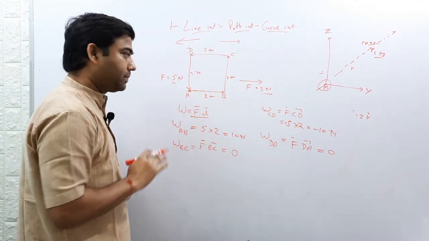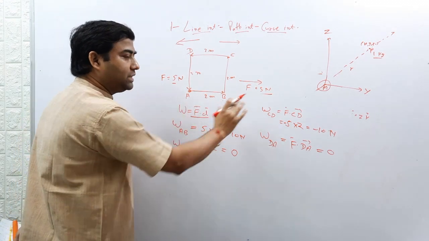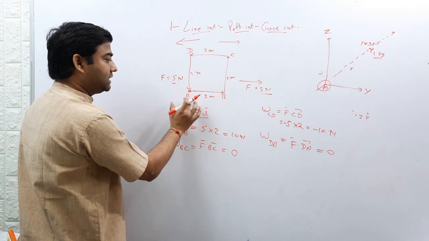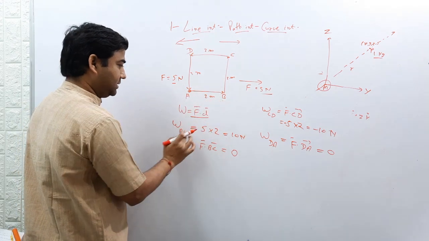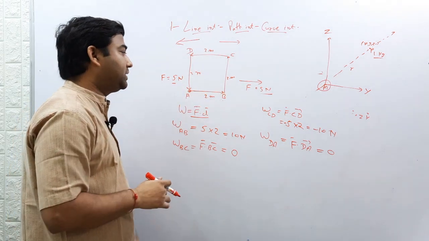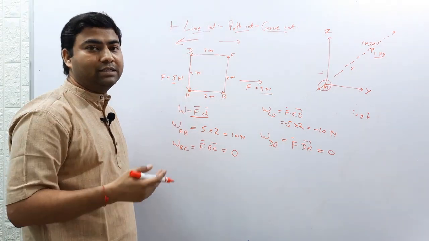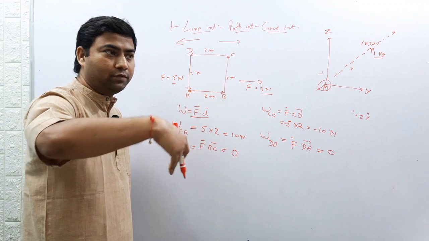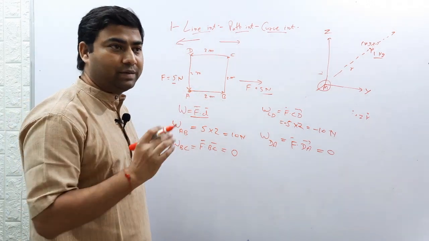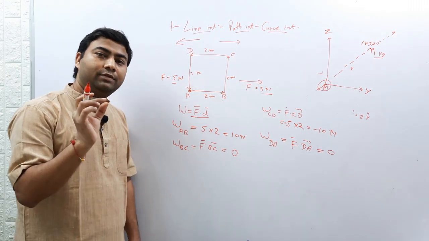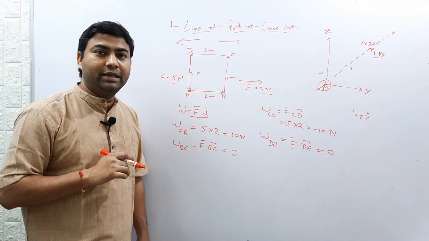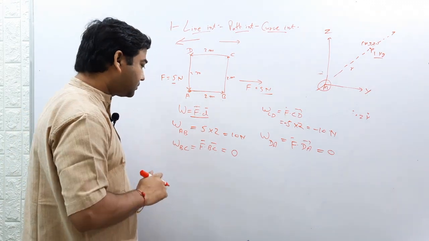In that case, displacement vector cannot be represented as we are representing here, AB, BC, CD. That representation is not possible when it is a curve. So there we use the integration method by dividing that curve into small displacements dl and then carry out the integration operation.